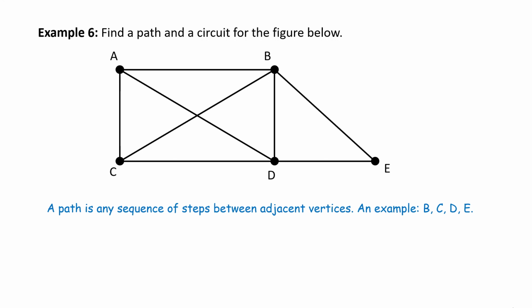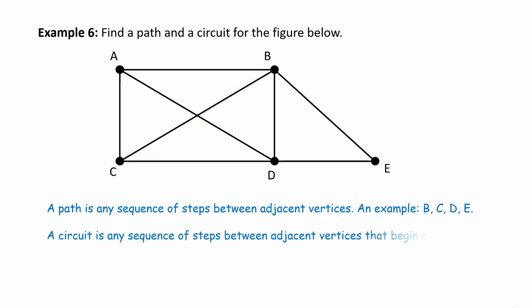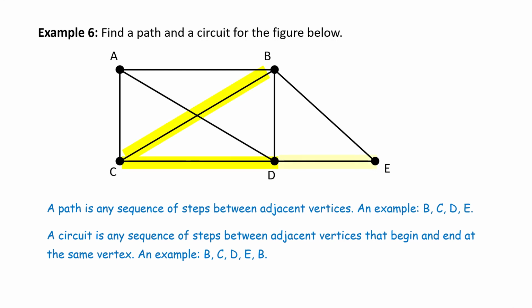An example, B to C to D to E. A circuit is any sequence of steps between adjacent vertices that begin and end at the same vertex. An example, B to C to D to E back to B, where it began.